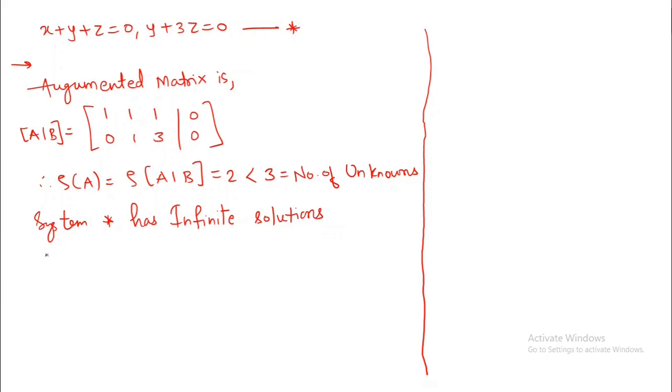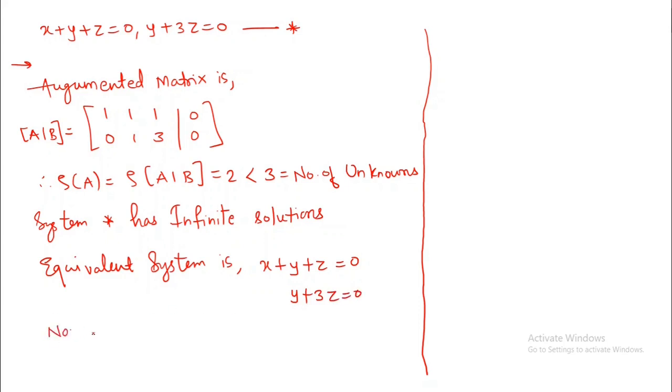So directly I will write the equivalent system. If this is not in echelon form, you have to convert it into echelon form in order to find the ranks. So the equivalent system is the same system, that is x + y + z = 0 and y + 3z = 0.